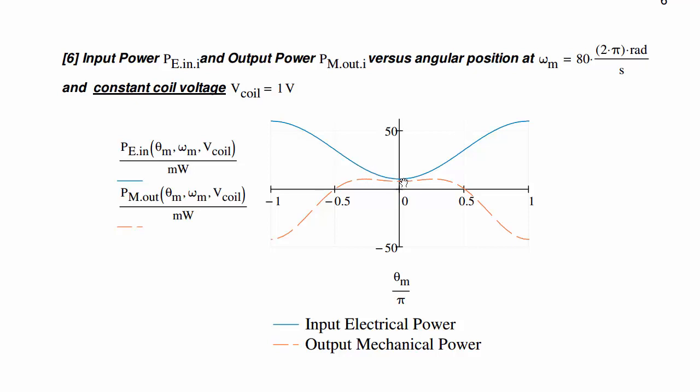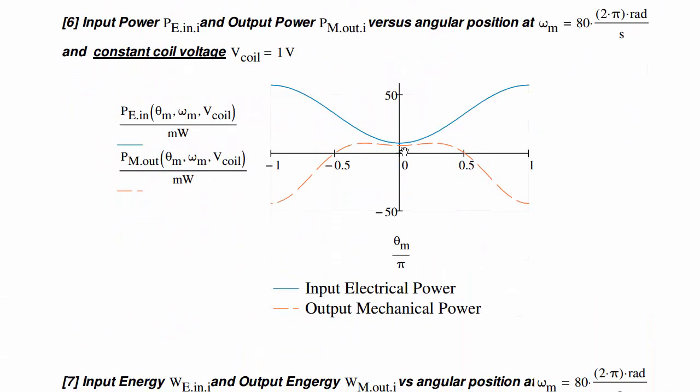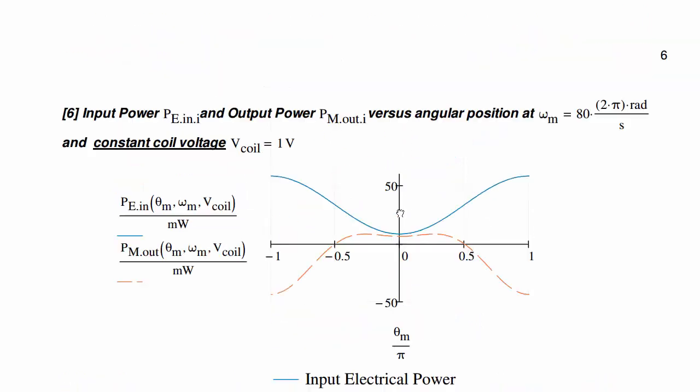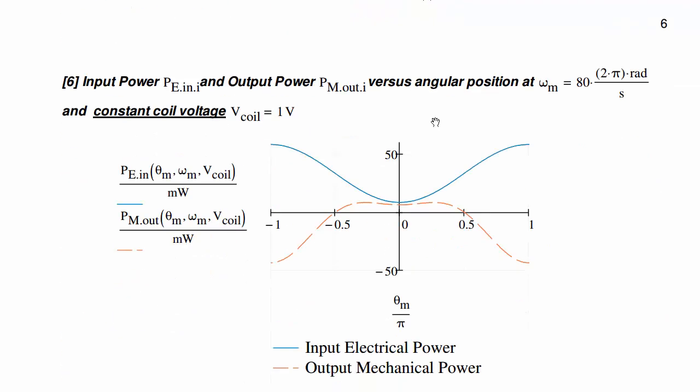What we notice is that the mechanical power out has this broad top, as we'd seen before, which is better than the pure cosine. We're able to deliver mechanical power for a wider range of angles of the full plus and minus 90 degrees.